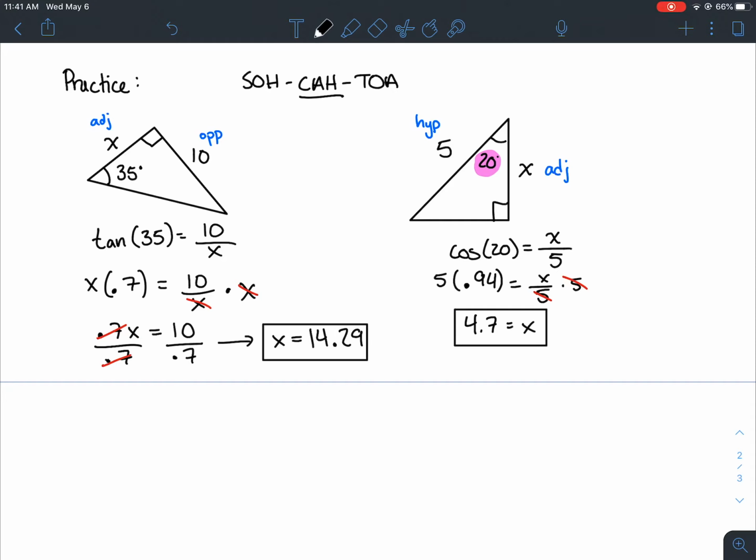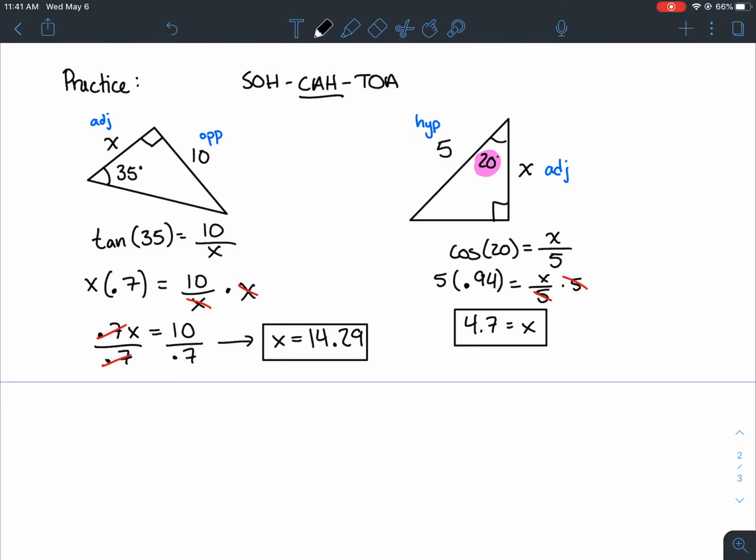Okay, and that's it. That's our missing side. So the big thing again is using that SOHCAHTOA to find the right ratio. And then once you have that right ratio set up, you just have to use your calculator and the algebra to undo it to get your x by itself.